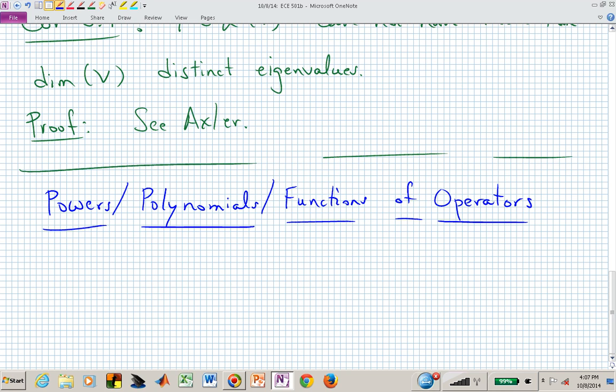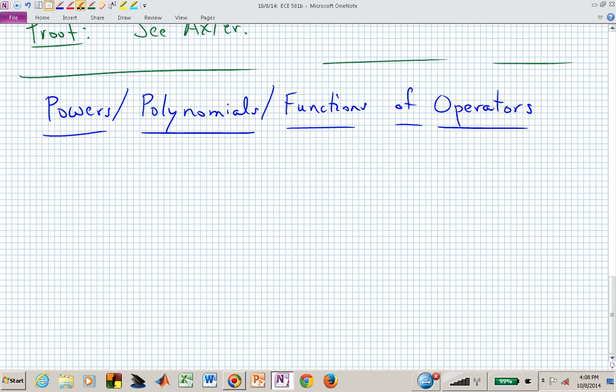So that's the PPF of operators: powers, polynomials, and functions of operators. This is now playing on the idea of what an operator is. What is the definition of an operator?